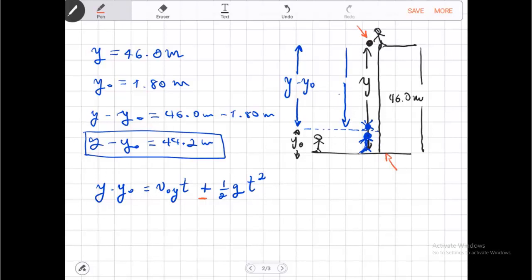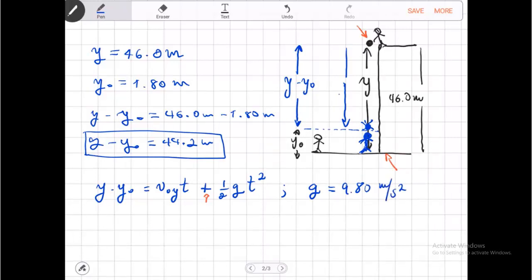Because in this situation we are choosing the origin of coordinates on top, we use the positive sign. Alright? So that's why we are taking this sign as positive instead of negative. If you remember, the acceleration of gravity is 9.80 meters per second squared.